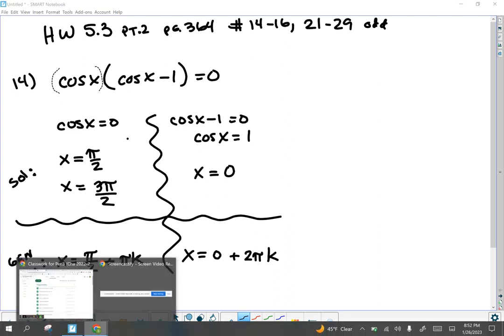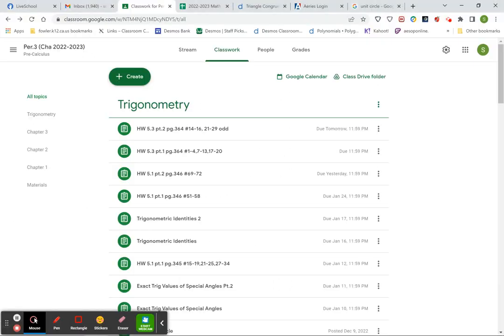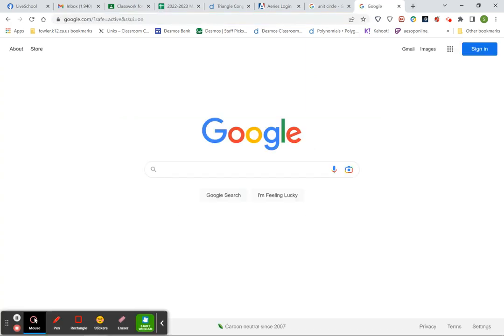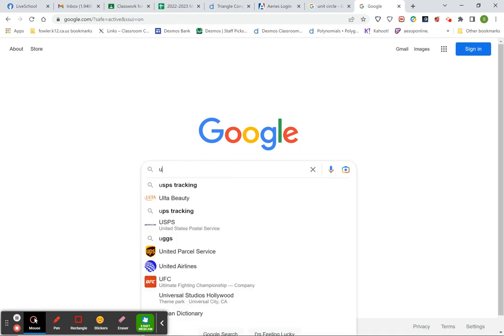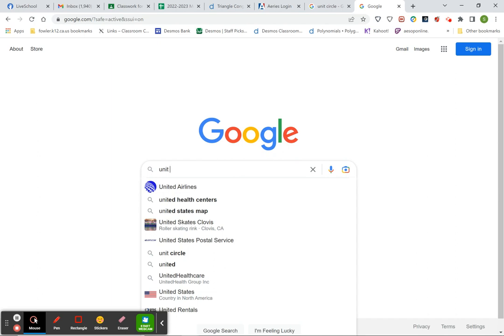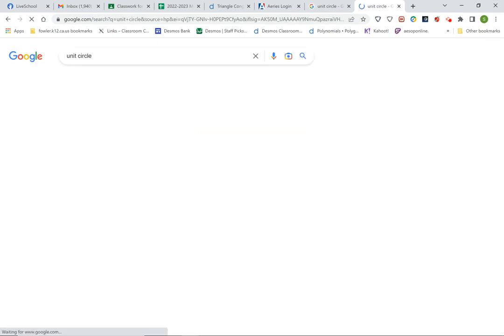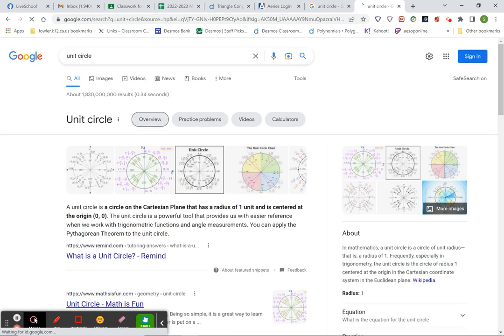Actually, let me pull up a unit circle just in case. Give me a second. Just in case I need to explain something to you guys, I need to show something. Okay, so just to get a picture of it, I like that one.